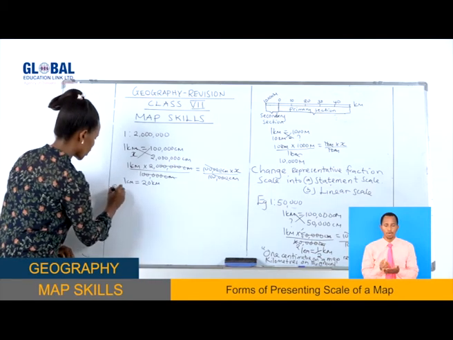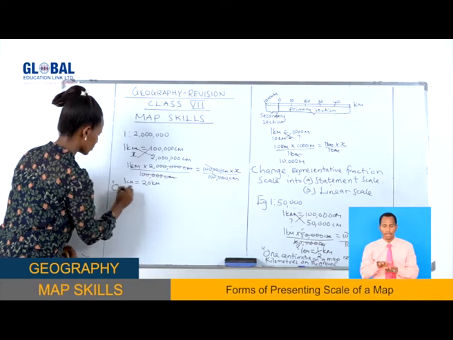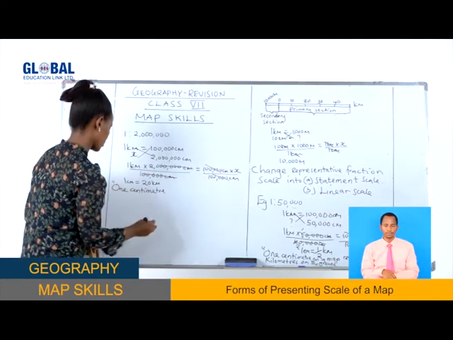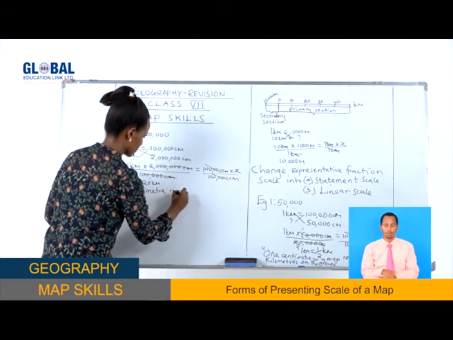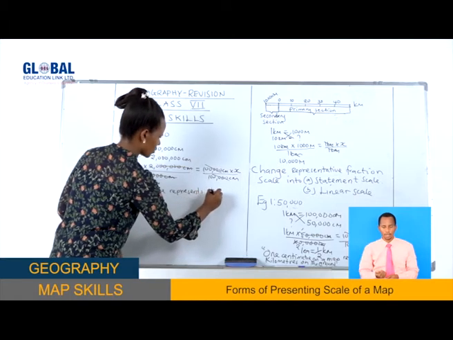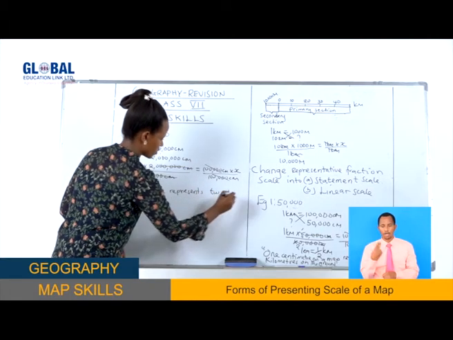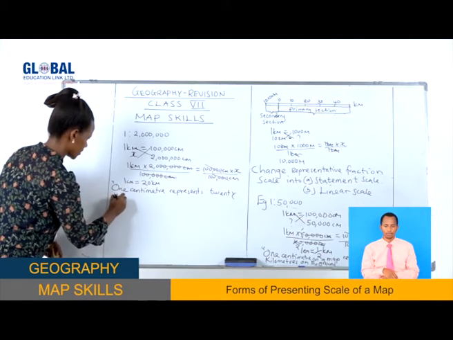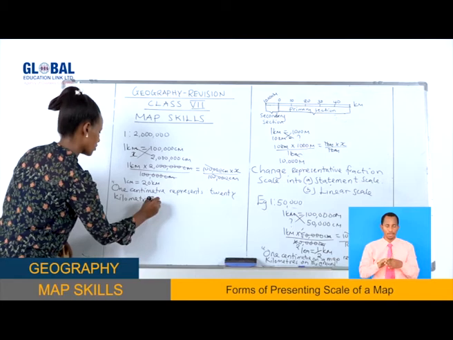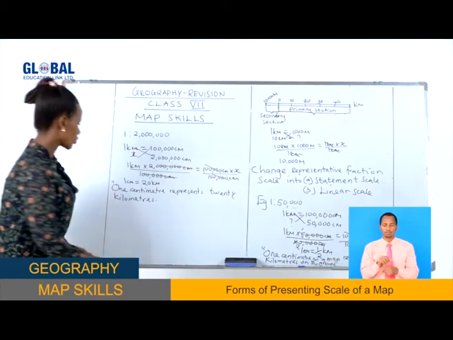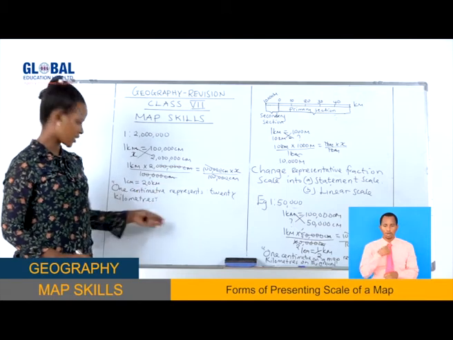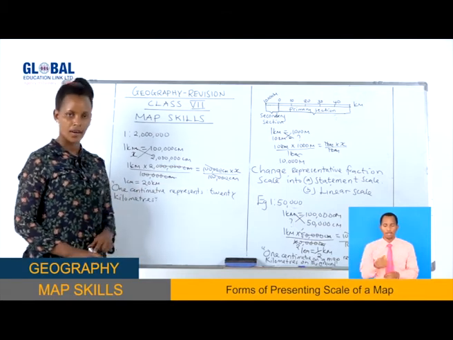So it should read 1 centimeter represents 20 kilometers. So you have to know that when you say centimeters it means map distance, kilometers for ground distance.